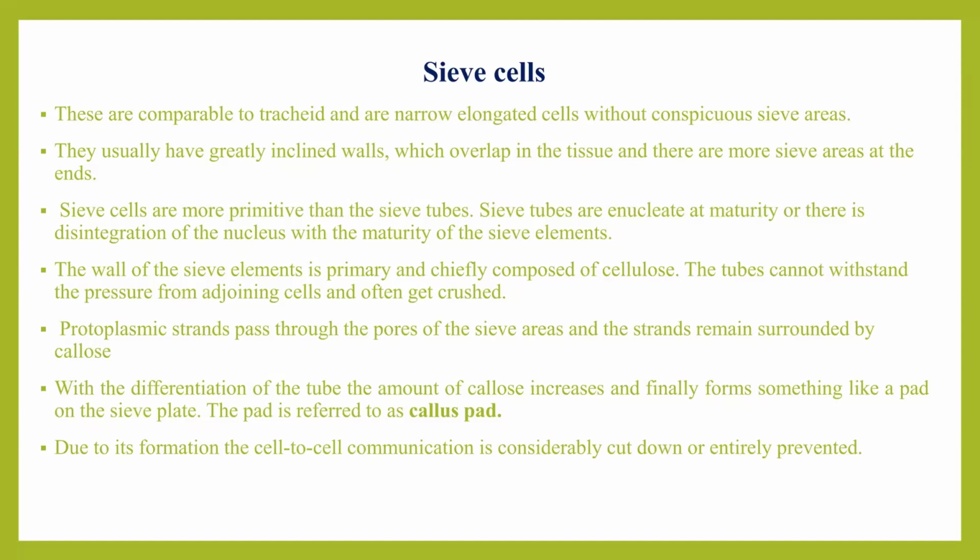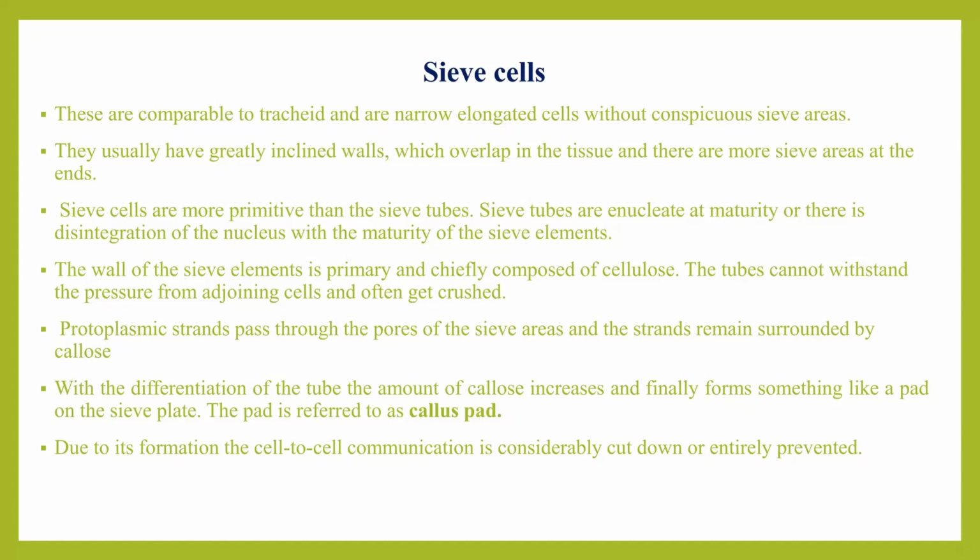The wall of the sieve element is primary and chiefly composed of cellulose. The tubes cannot withstand the pressure from the adjoining cells, and they get crushed. Protoplasmic strands pass through the pores of the sieve areas, and the strands remain surrounded by callose.